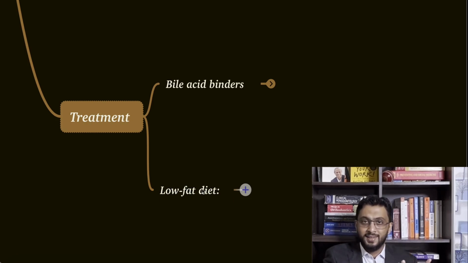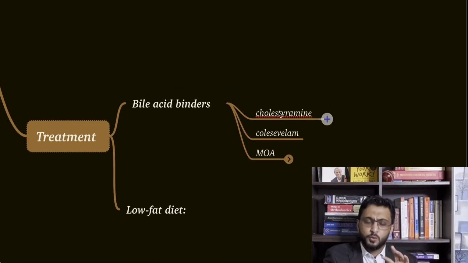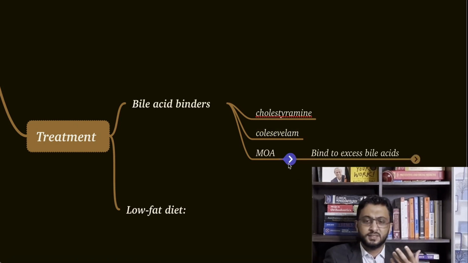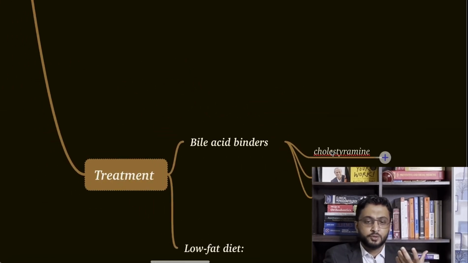Since you don't have bile, don't eat fat, so there is no problem. A very unfortunate situation. If you want the names of the bile acid binders: cholestyramine, and cholecalciferol. Basically they bind to the excess bile acids and so decrease the diarrhea.